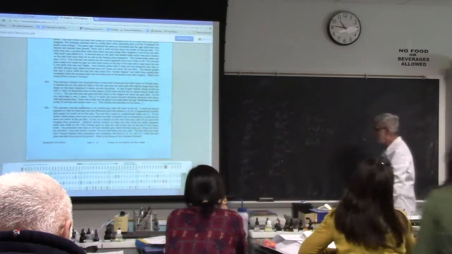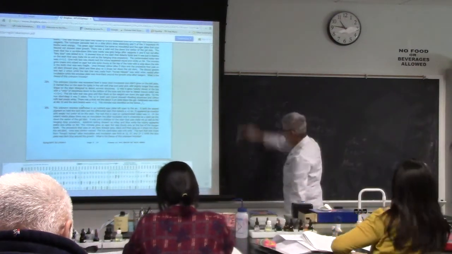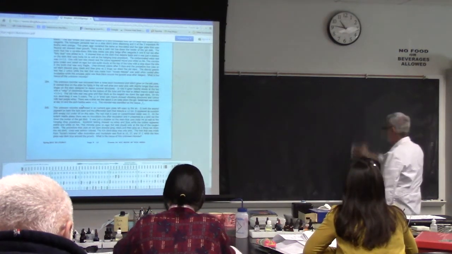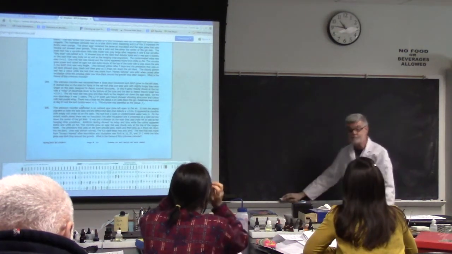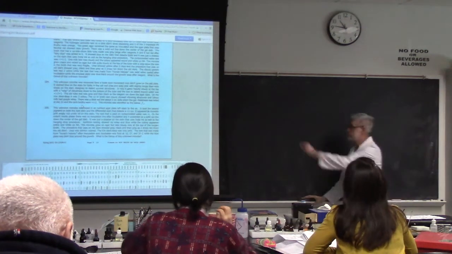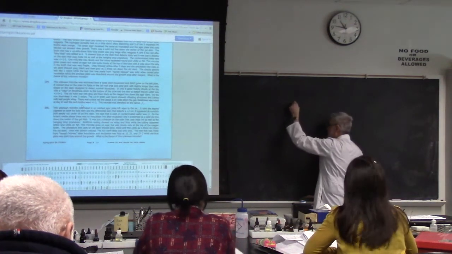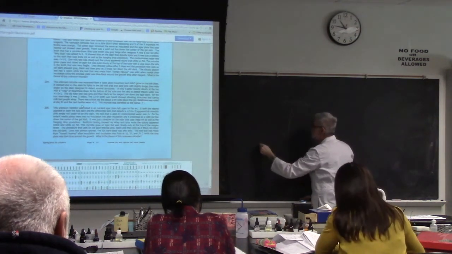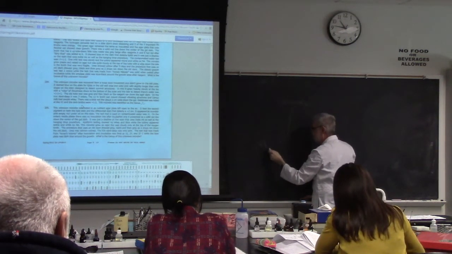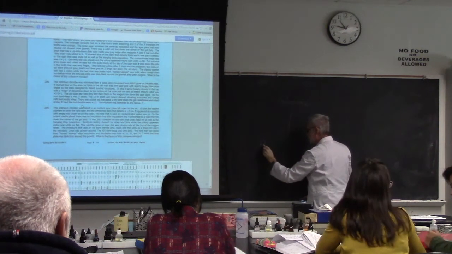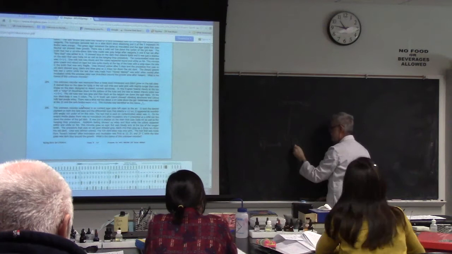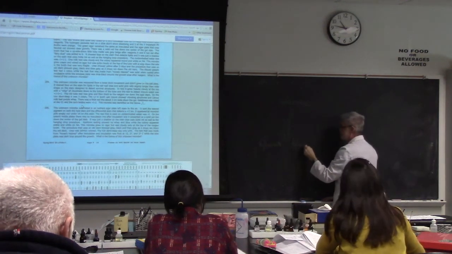So, if you recall, glycolysis is a universal respiratory pathway of all living things, and all living things do it first in the cytoplasm. So, glucose is broken down to 2 pyruvate.